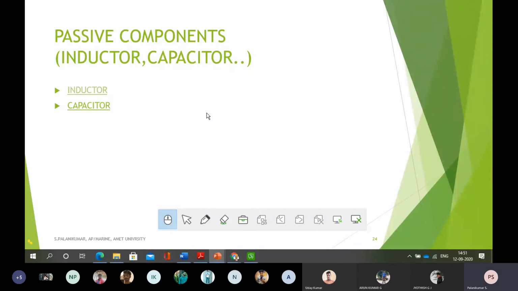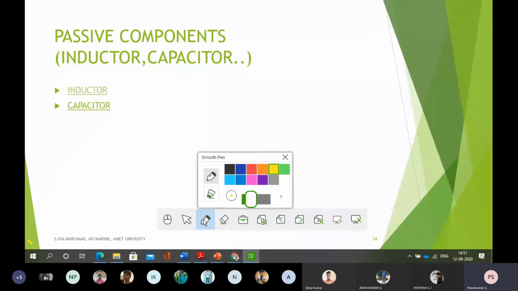Especially, for example, you all studied rectifiers. Say I have an AC supply.